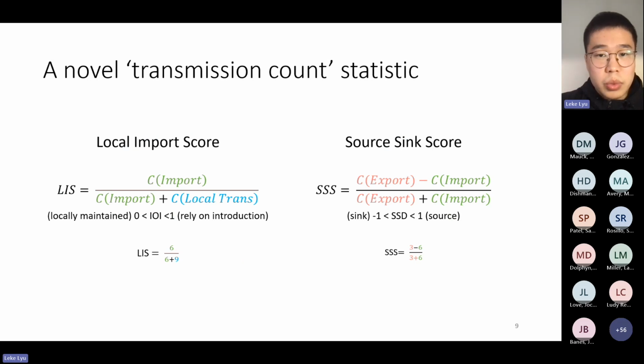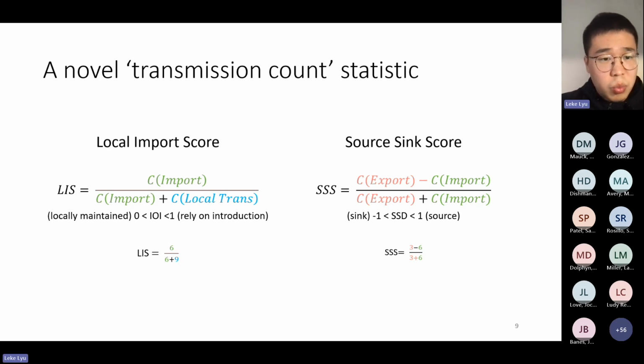We also came up with two quantitative scores to compare transmission trends between regions. We want to compare repeat introduction versus continuing local spread. We have this local import score. It's the count of imports over the count of imports plus the count of local transmission. We also have this source sink score to help us identify viral sources and viral sinks.